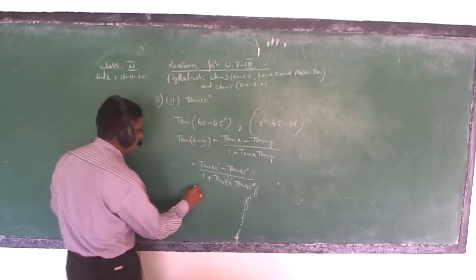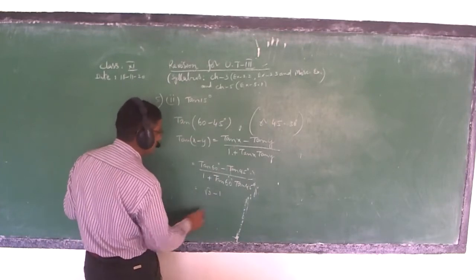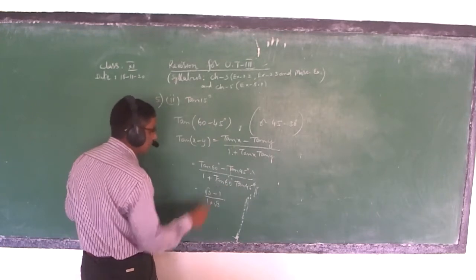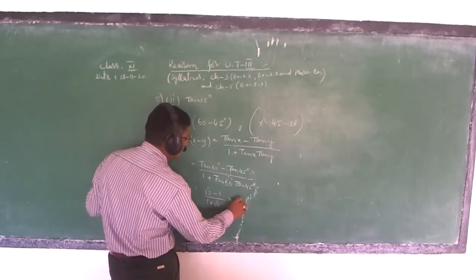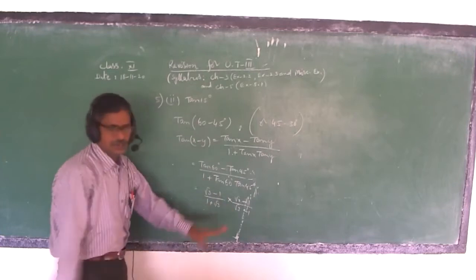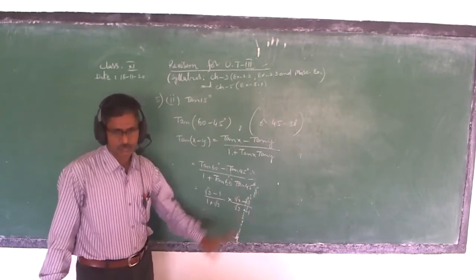Substituting these values, tan 60 degrees is root 3, tan 45 degrees value is 1, upon 1 plus, again tan 60 is root 3 multiplied by 1. So rationalize this denominator. Multiply with root 3 minus 1 by root 3 minus 1 and get the answer. Simplify the answer. You will finally get this answer as 2 minus root 3.